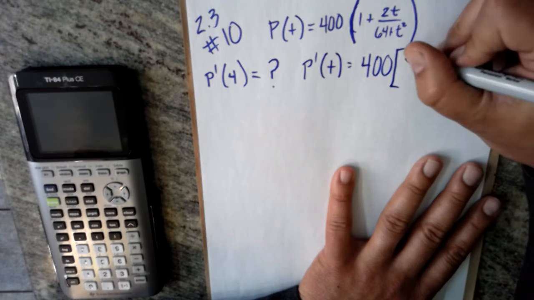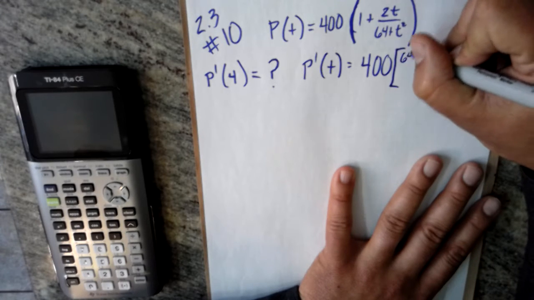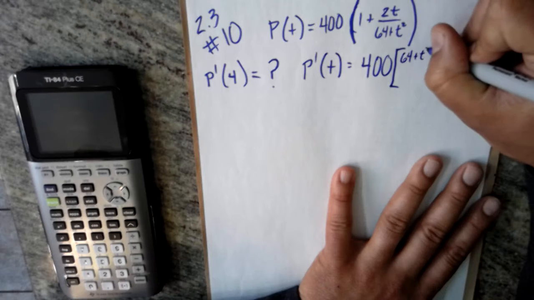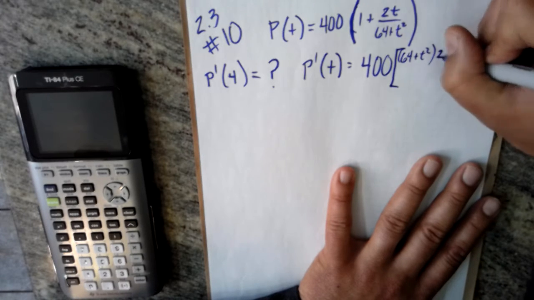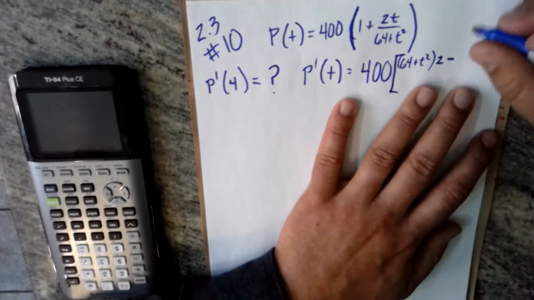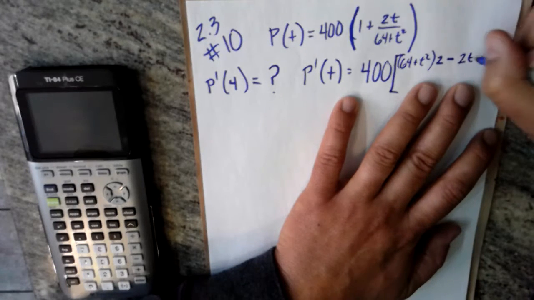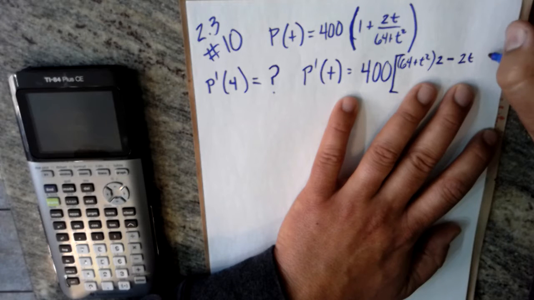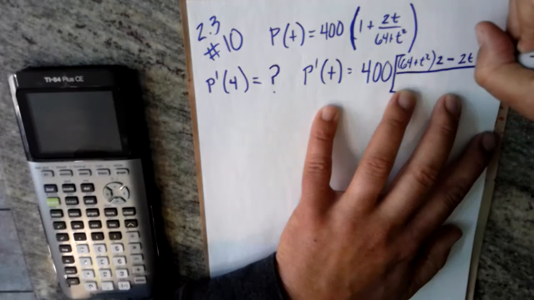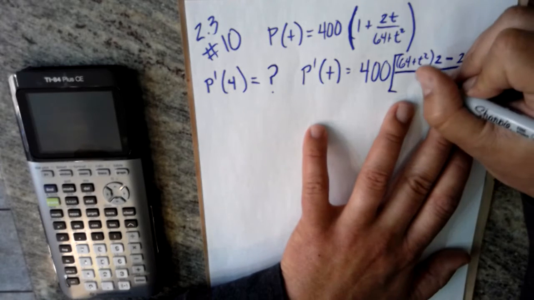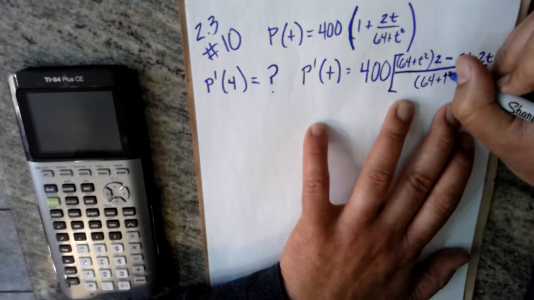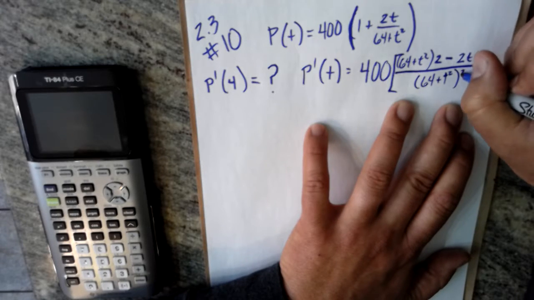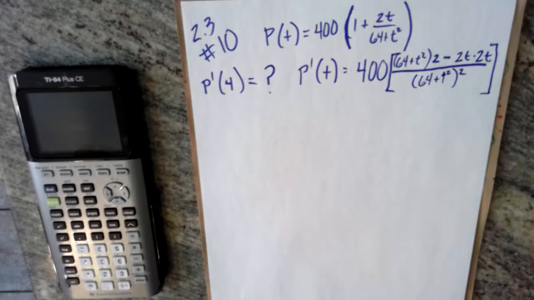So low d high: 64 plus t squared times the derivative of the top, so times 2, minus high d low: 2t, the derivative of the bottom is 2t, all over 64 plus t squared, and then we've got to square it. All right, so that's the derivative.